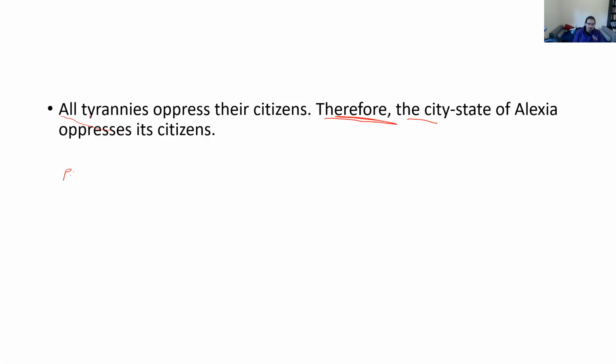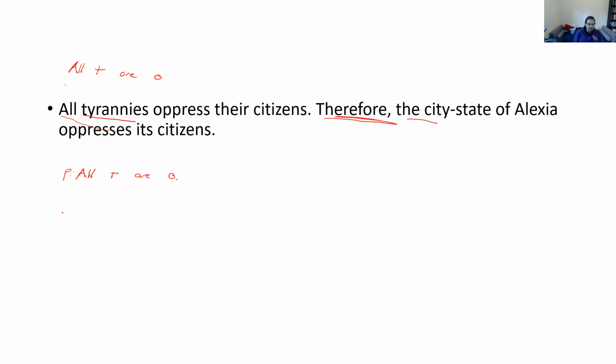And we're going to say this sentence, if we were to understand its standard form, would be all tyrannies are governments that oppress their citizens. In other words, this is an A statement that says all T are O, for oppressors, okay? So we're going to write this down here. All T are O.